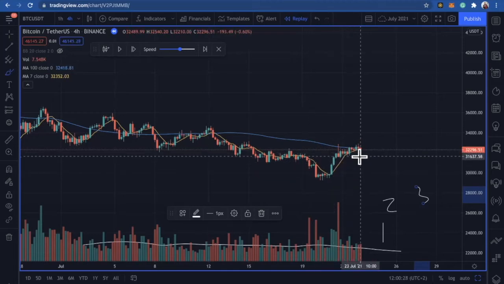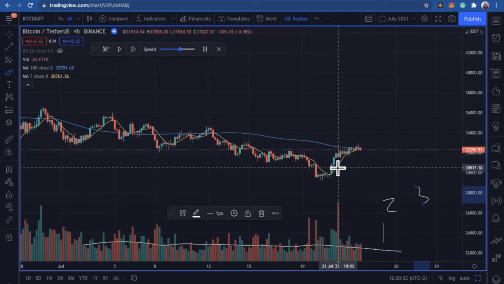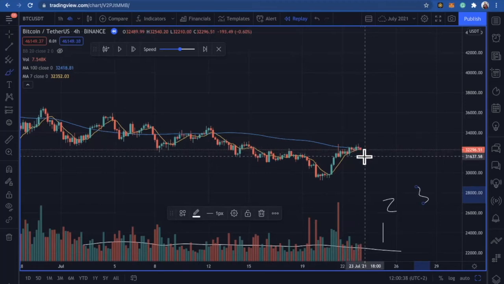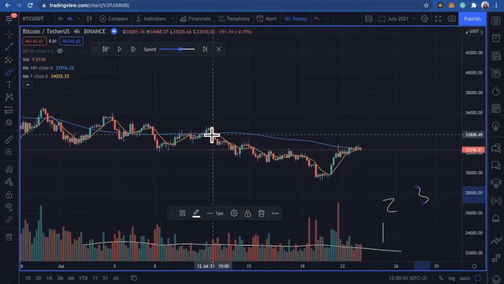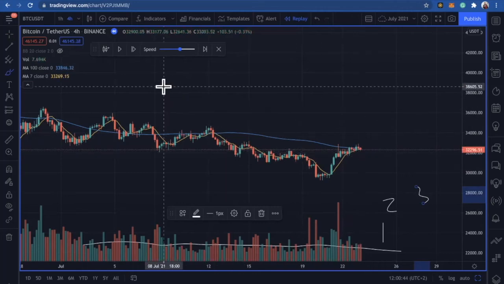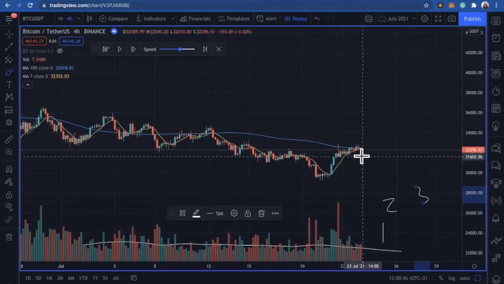You would want to see this break here, because it comes from the 7-day moving average, shows that it's going up, but it can actually bounce off and get rejected by the 100-day moving average, that has actually happened here. But if it were to break through, then obviously that moving average will then tend to become a support instead of a resistance.